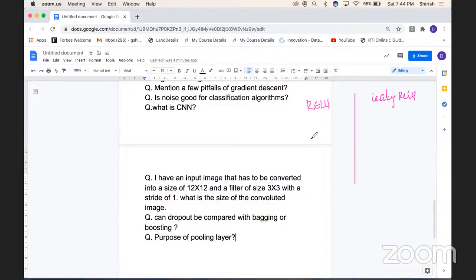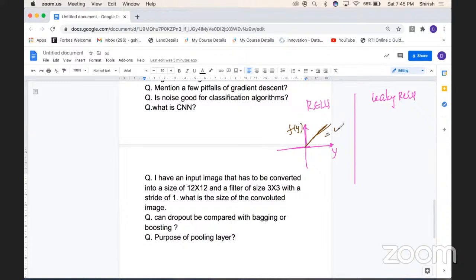So a unit employing a rectifier, how do you draw that? You can just make it into a two-dimensional space like this. This is your y or x. Let me change color. This is what you have in your ReLU. This is a ReLU function. This is my f of y.